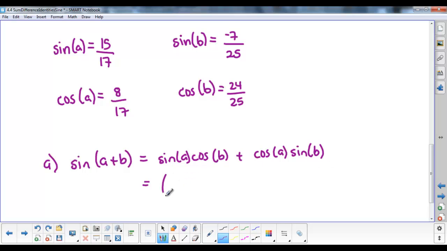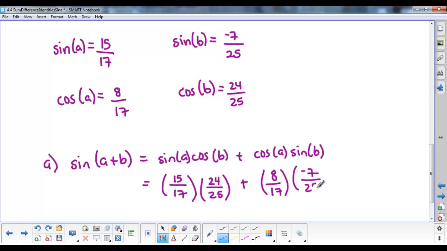So sine A is equal to 15 over 17. Cos B is 24 over 25. Cos of A is 8 over 17. And then sine of B is negative 7 over 25.